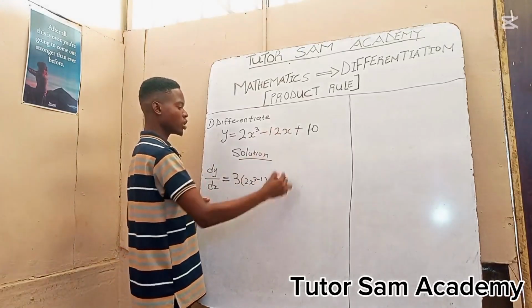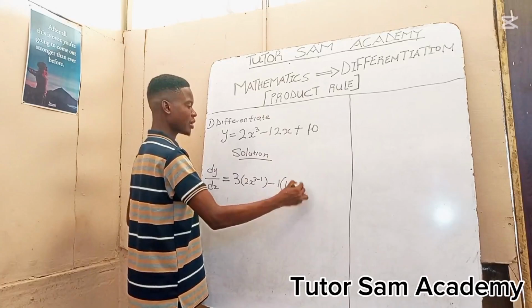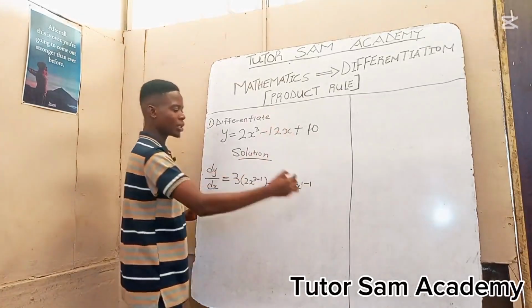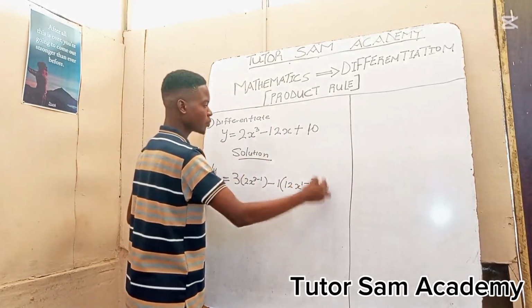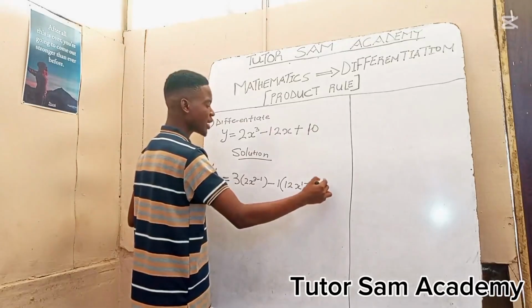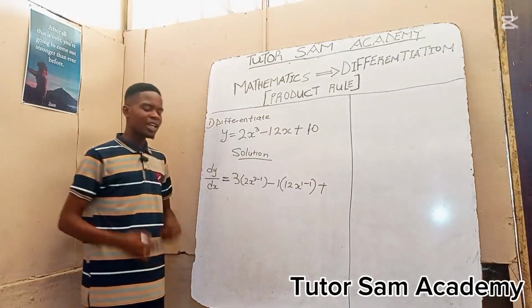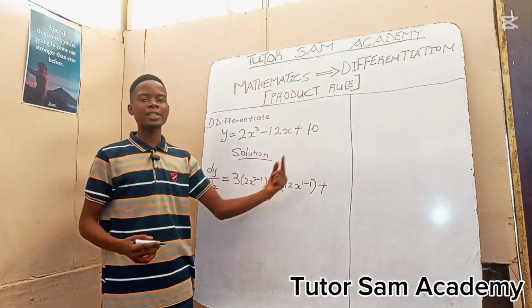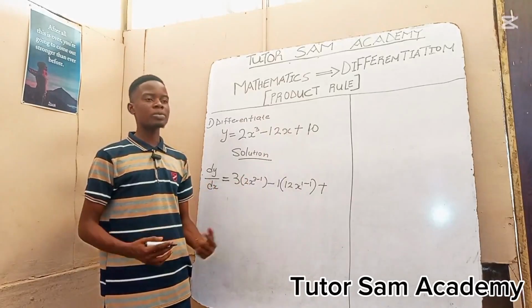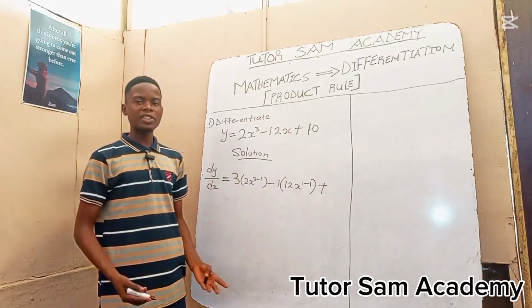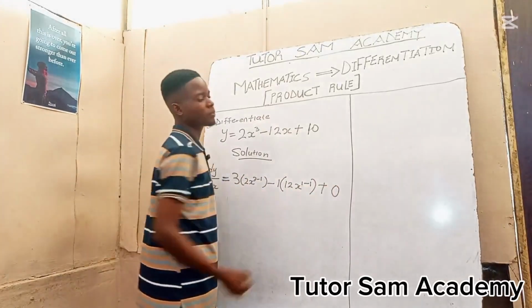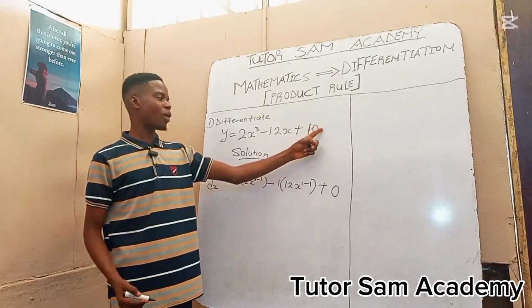So this will be 1 into 12x^(1-1), because the power of x here is 1. Plus what? The power of x here is 0. Anytime you are differentiating a constant number, that is a number that doesn't carry x, maybe something like 10, 15, 20, just have it in your mind that whenever you differentiate it, it will be 0, because the power of x here is 0.